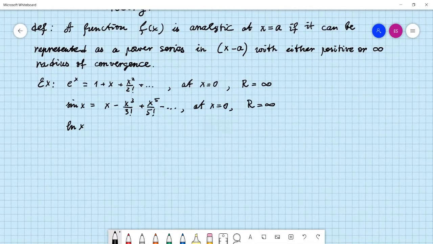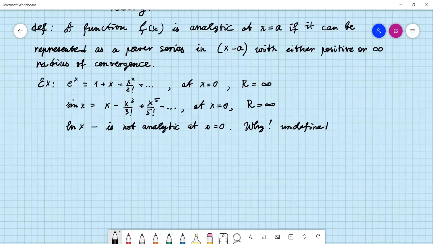ln of x is not analytic at x equals 0. Why? Because it's undefined and has undefined derivatives at x equals 0.